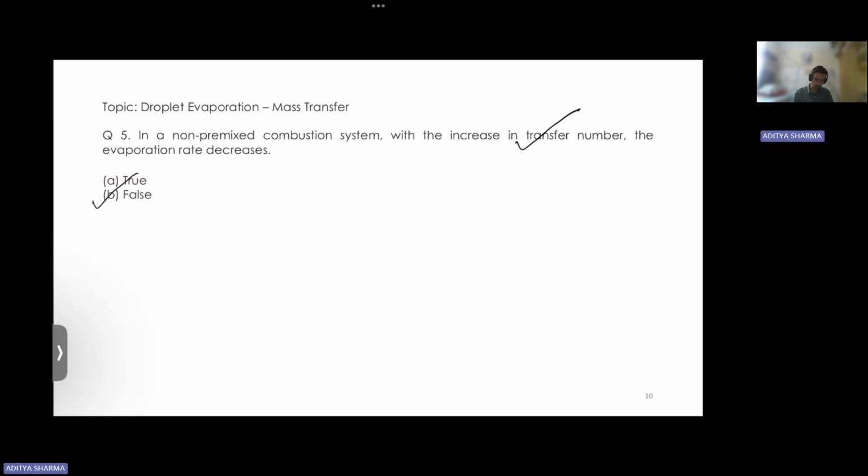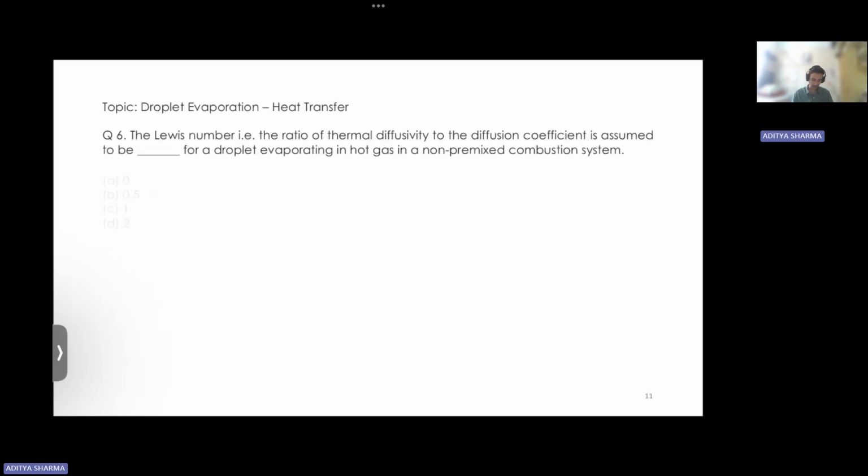So this is a false statement because the opposite statement has been given. So B option is correct in that case. Okay. So moving on to the next question, which is question number 6. So let's see question number 6. This is on droplet evaporation heat transfer.